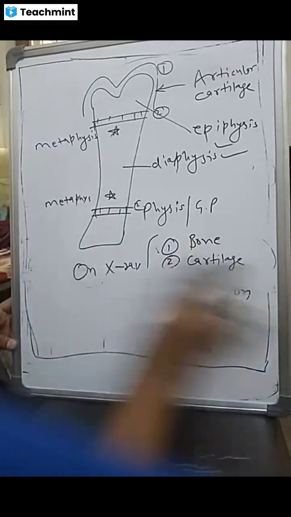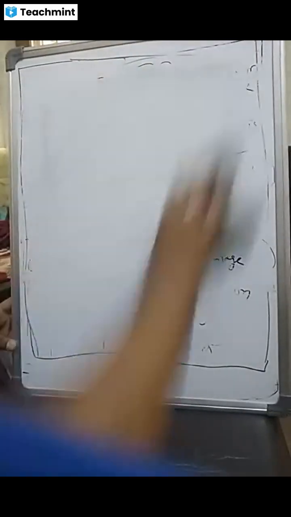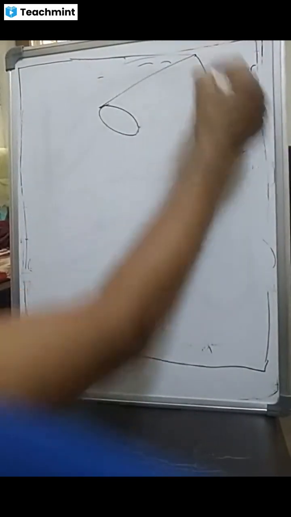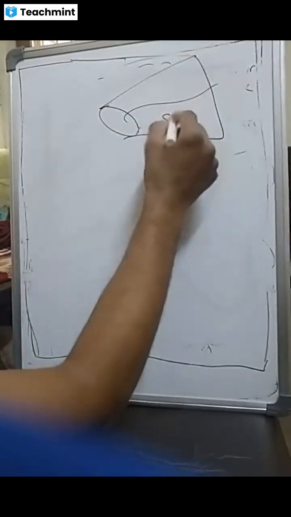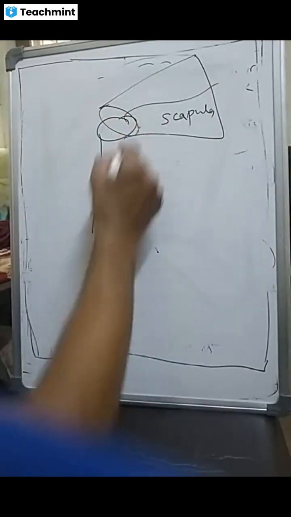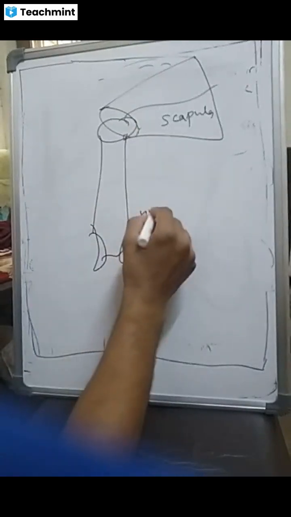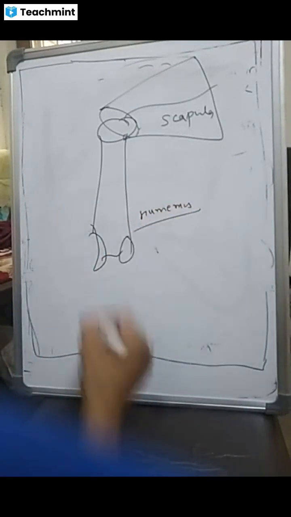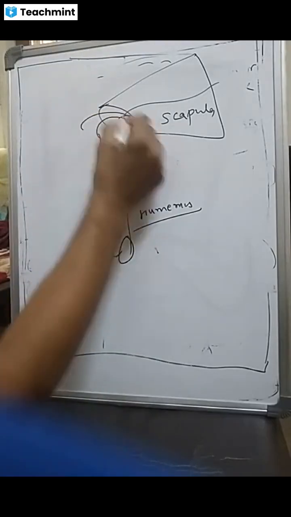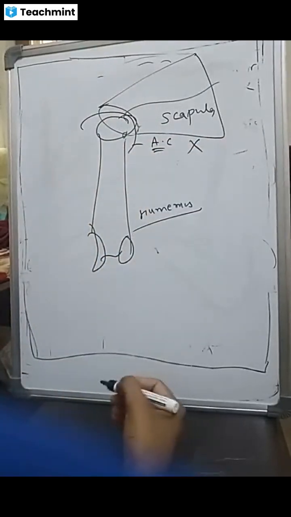So, if we look at one long bone on X-ray, suppose this is one example, the humerus, then the articular cartilage is not visible.